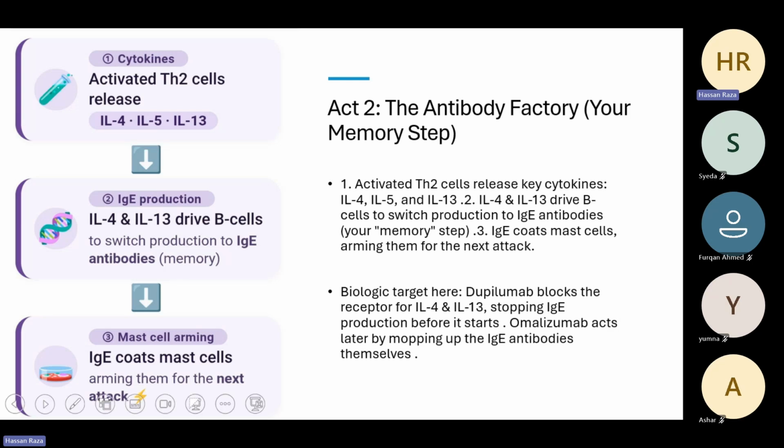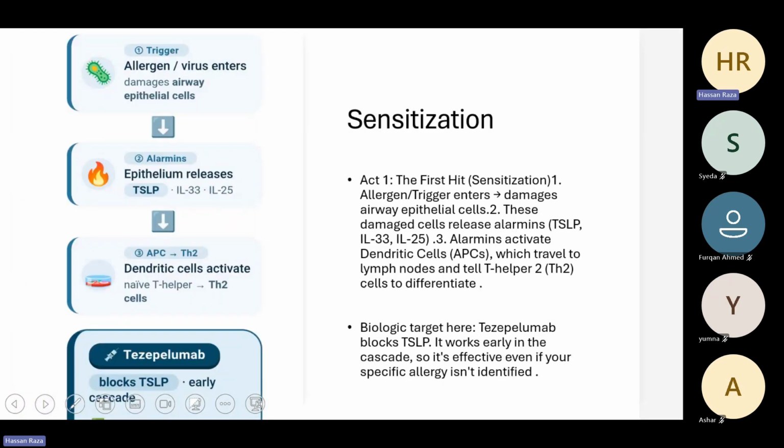I'm repeating these two steps again. Whenever the first time in your life you encounter any virus or any allergen, you do not get any asthmatic attack. What your body does is that the virus or allergen goes to the epithelial cells of your airway. It releases the alarmins, which are TSLP and interleukin 25.